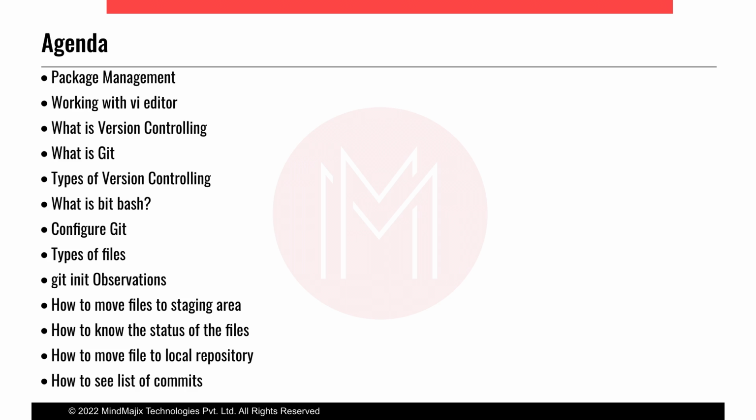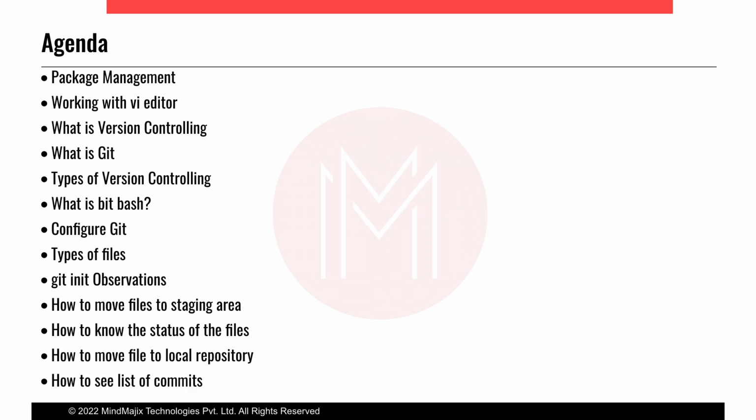In this course, I will cover the topics: package management and working with VI editor, what is version controlling, what is Git, types of version controlling, what is Git Bash, configure Git, types of files and Git init observations, how to move files to the staging area and how to know the status of these files, how to move files to the local repository and how to see the list of commits.